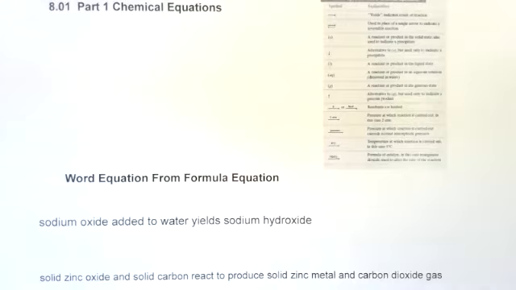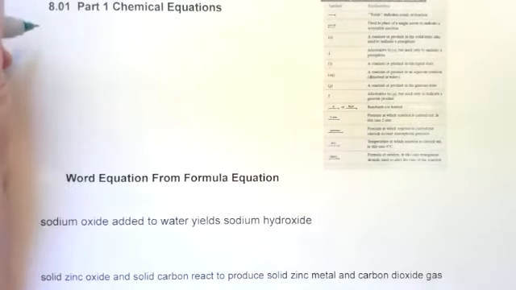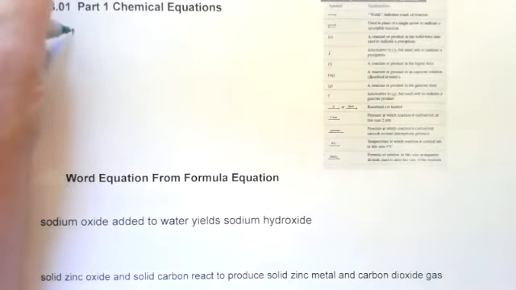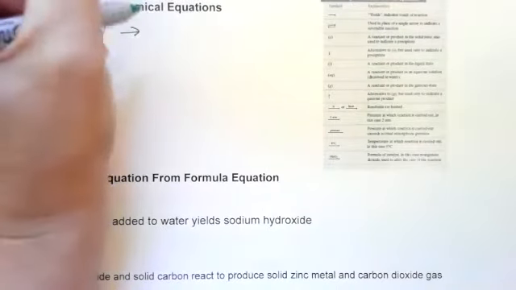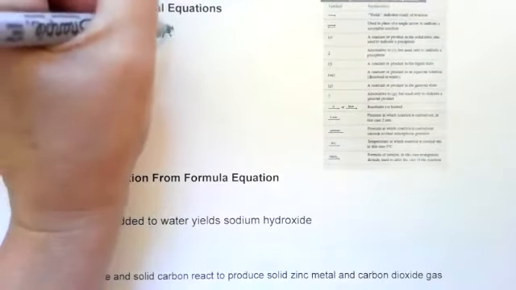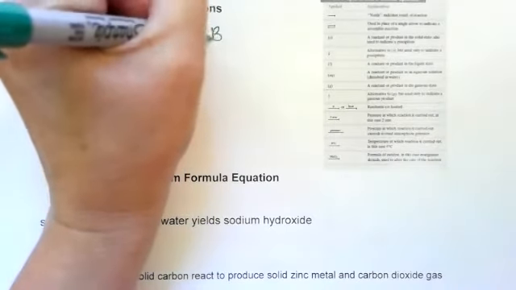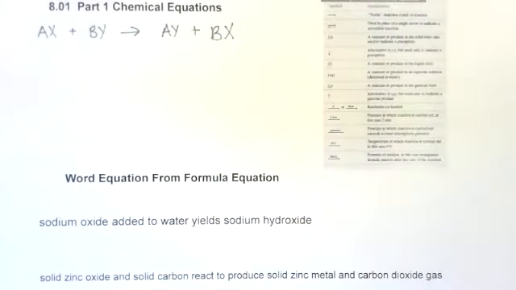It's my coffee. All right, let's get started. I'm going to write AX plus BY gives us AY plus BX. We know a little bit more at this point than we did when we first talked about chemical equations.